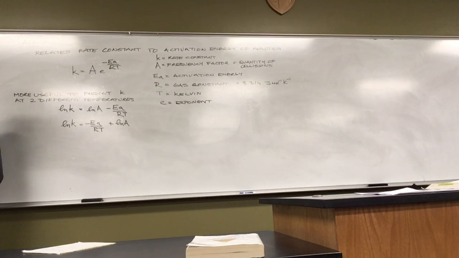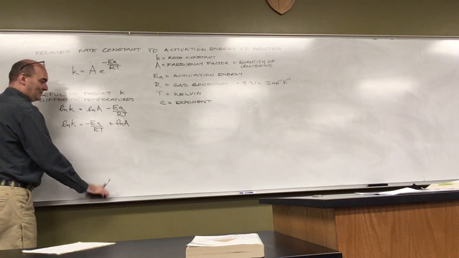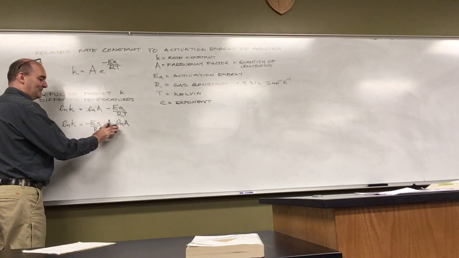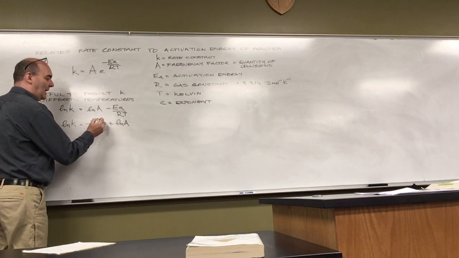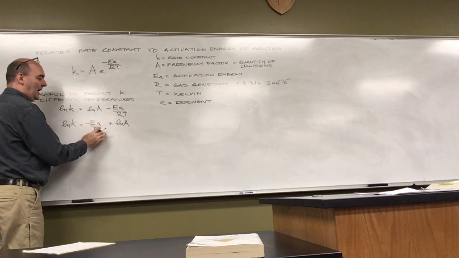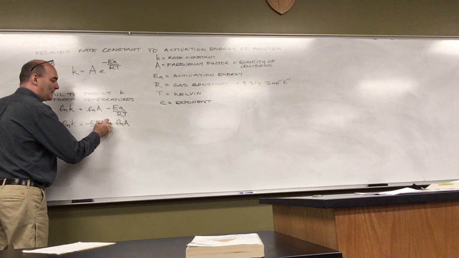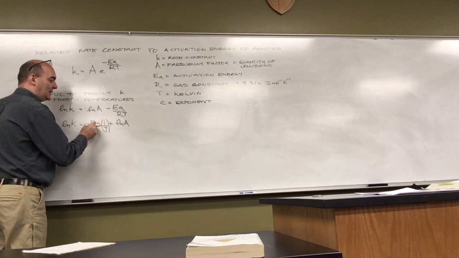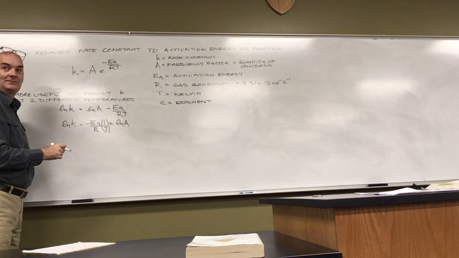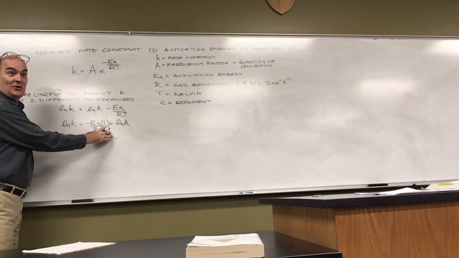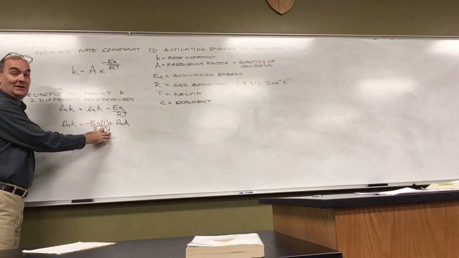And then do something really sneaky. Take away the T, and I multiply Ea over R by 1 over T. That's the same term. All I've done is split it. It's going to become obvious why I'm splitting it in just a second.